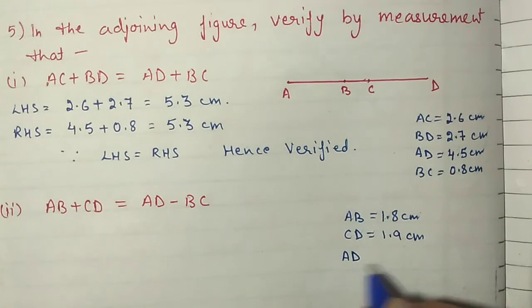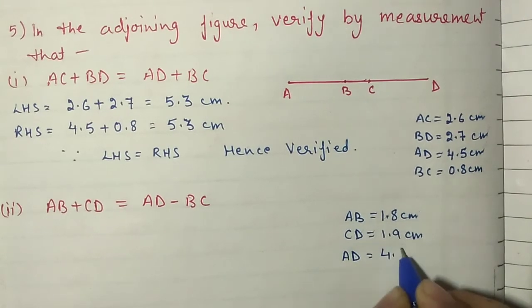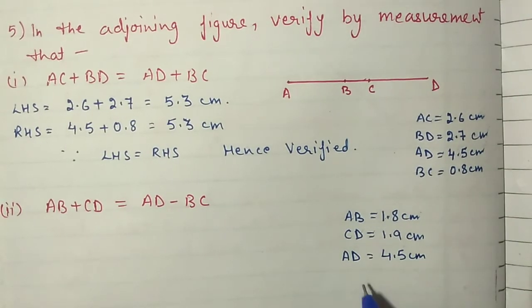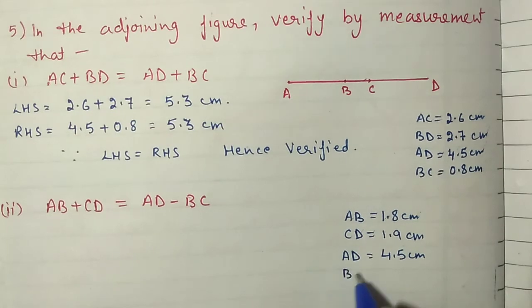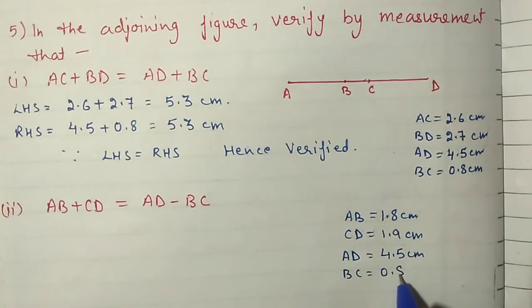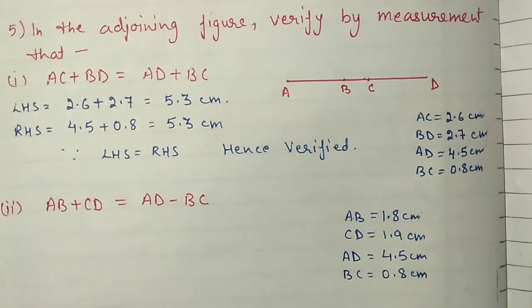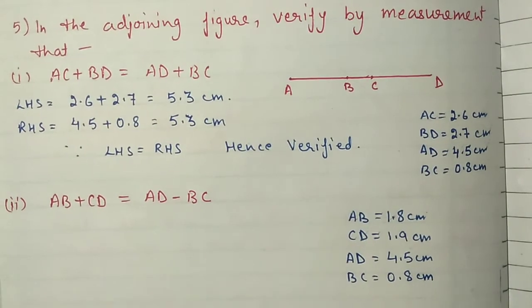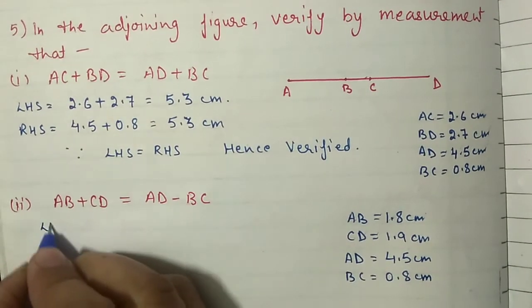Then A to D it is 4.5 and BC is 0.8. Now we will substitute these values, left side and right side.